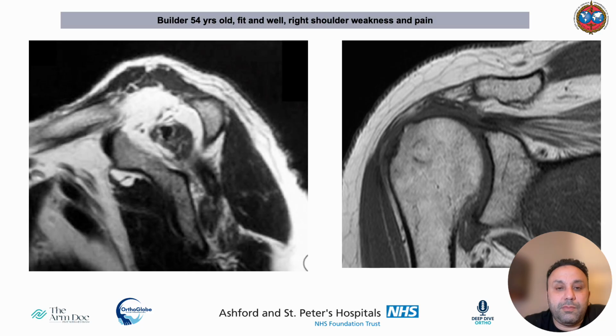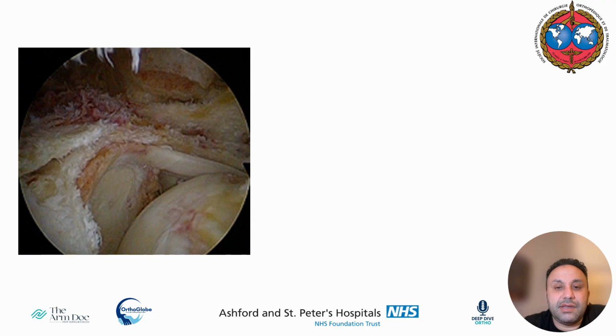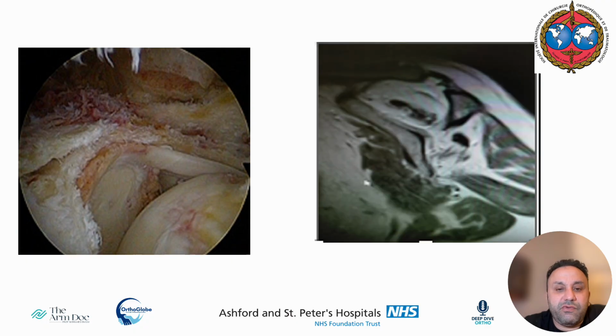You can see the occupation index and there is advanced fatty infiltration here. Obviously, when we went in, there were no tendons to repair, and all that was needed was debridement, which helped him for a few months.